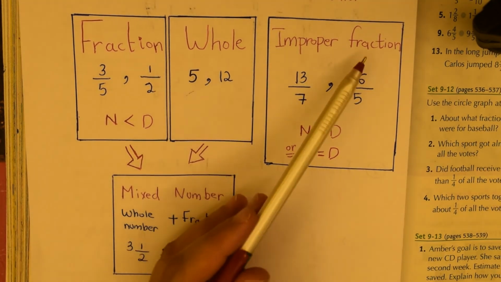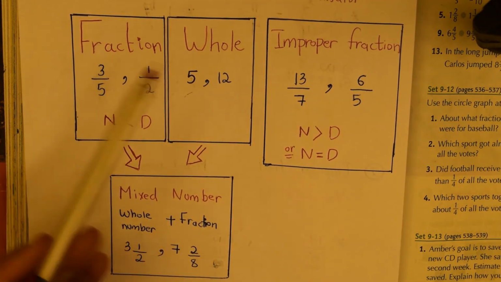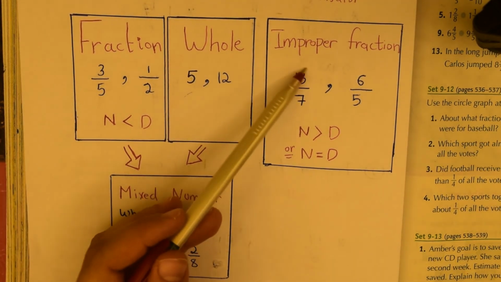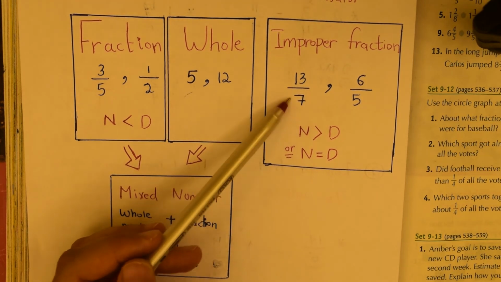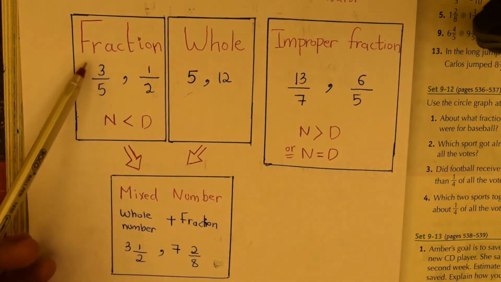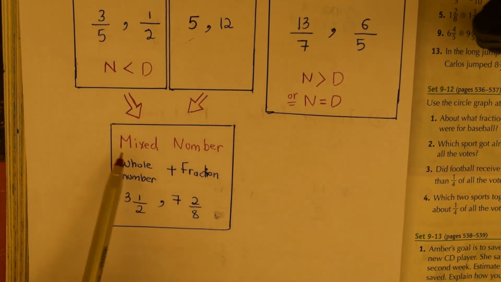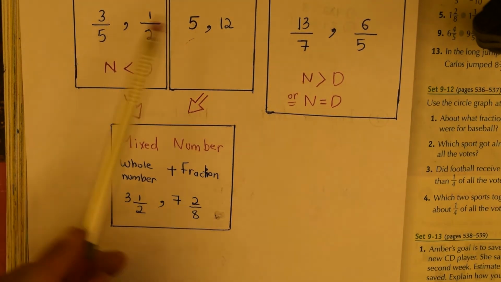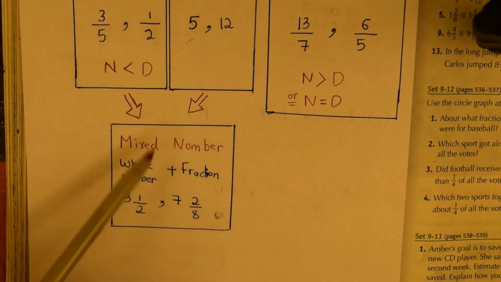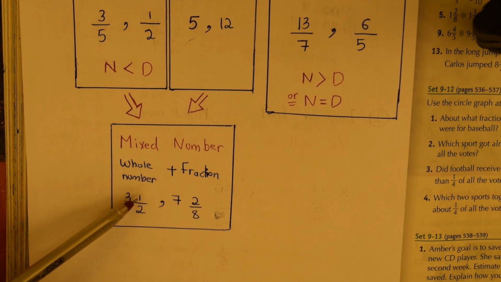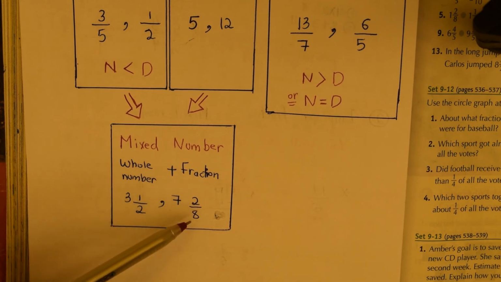Now, what's the difference between improper fraction and fraction? Improper fraction has a numerator greater than the denominator, but in the fraction the numerator is smaller than the denominator. Now, how can I make a mixed number? Mixed number is a fraction and whole. So I have whole number and fraction, like 3 and half, 7 and 2/8.